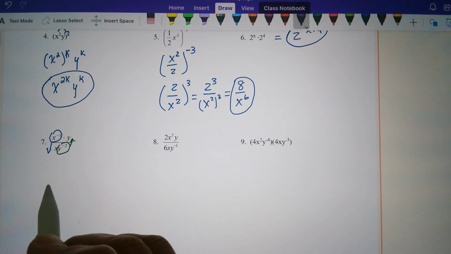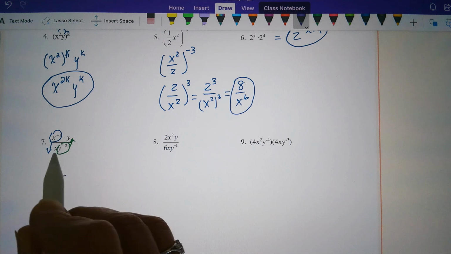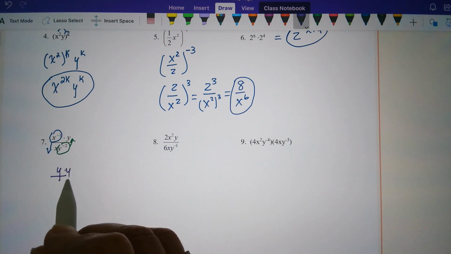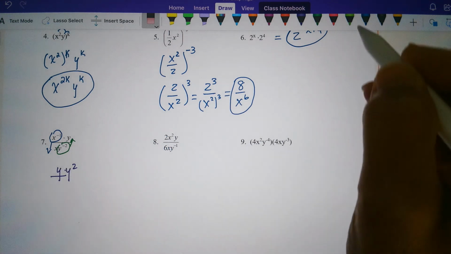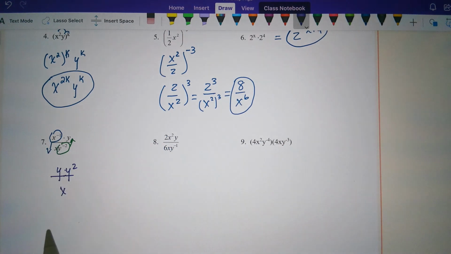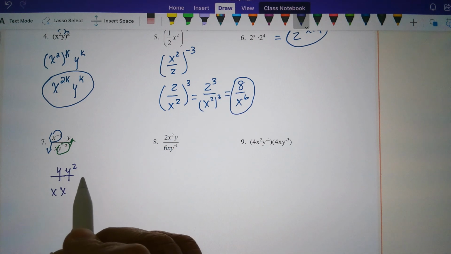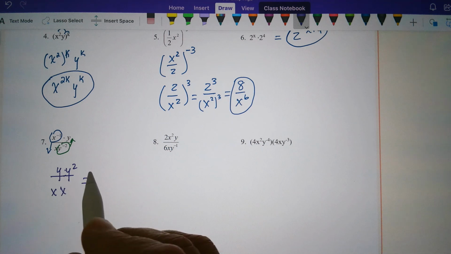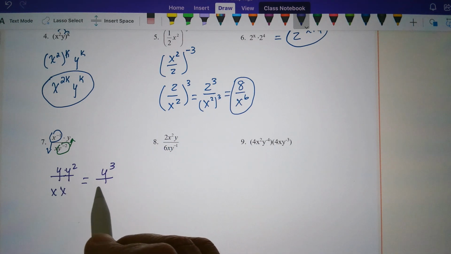So let's see, that y remains, this y comes up, and this x remains, and the x to the negative 1 comes down as x to the positive 1. Okay, and we multiply across the numerator, that's y to the positive 3 over x squared.